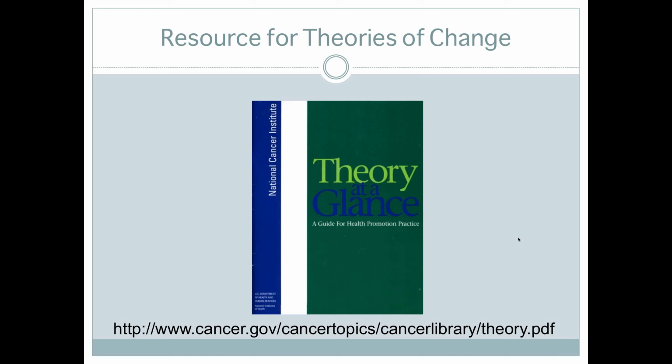This is a free resource on health promotion practice that is a very comprehensive look at the different theories, and it does a nice summary of many different theories along with diagrams and applications. I think it is a good thing to use if you want to refresh about the theories that we've talked about today, as well as other theories that are important for behavioral and social sciences. It can be downloaded from the link that's there on that page.